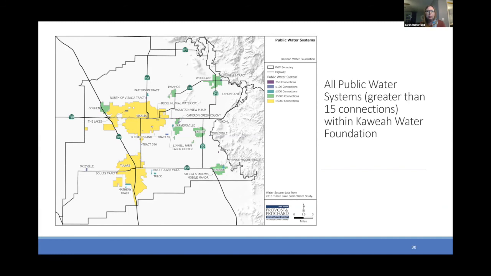Those that are between 50 and less than 100 connections are a little smaller to see, but are illustrated in purple and in blue. That includes Okieville, Soltz Track, Track 92, West Hills Track, Tonyville, Tuleville, and a few others.